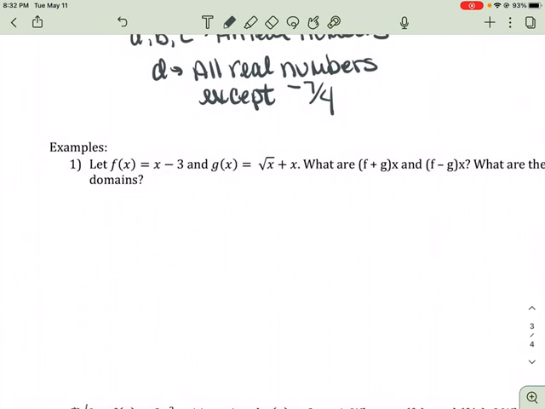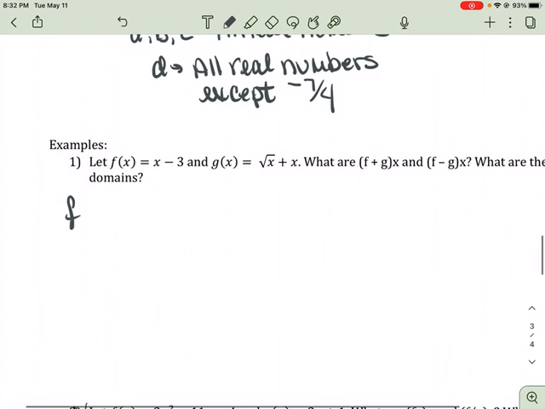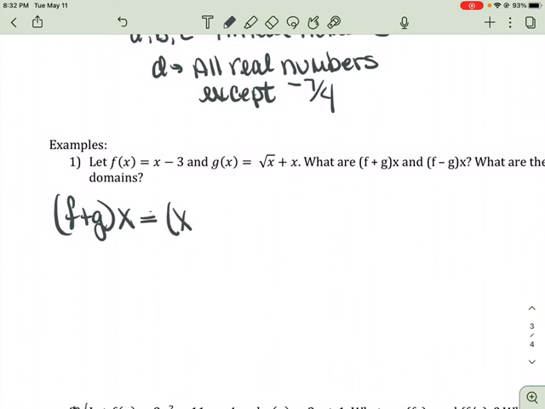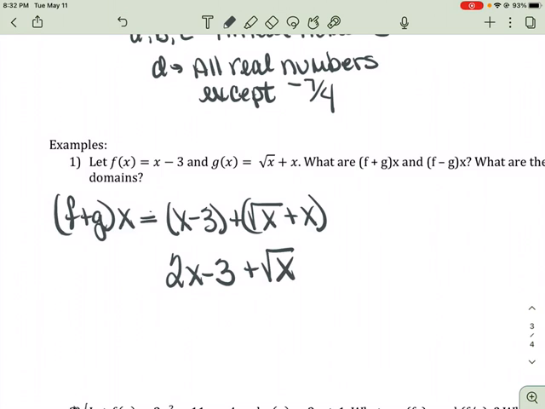Okay, so let's do addition and subtraction here. So f of x plus g of x is equal to x minus 3 plus the square root of x plus x. All right, that's about as much as we can do. Oh, wait, we can add those two x's together. So we're going to get 2x minus 3 plus the square root of x.